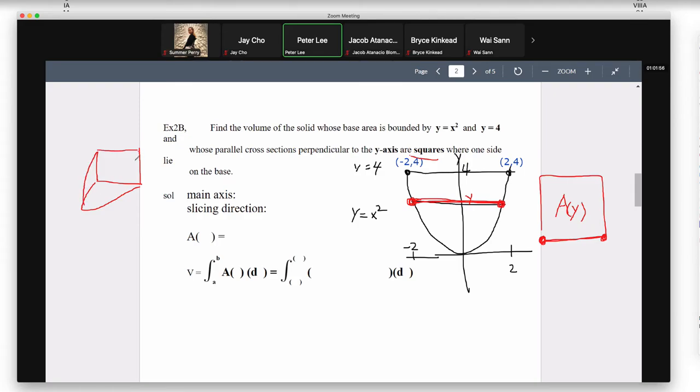This kind of reminds me of a TV. Have you ever seen TVs which are 30 years old? They're called brown tube TVs. Have you seen brown tube TVs, class?